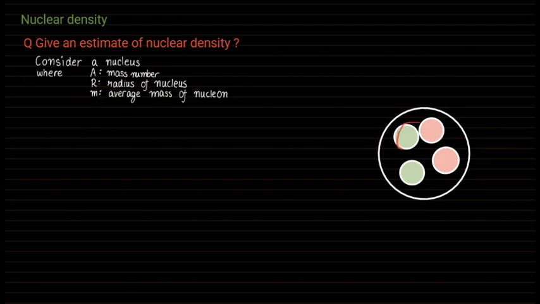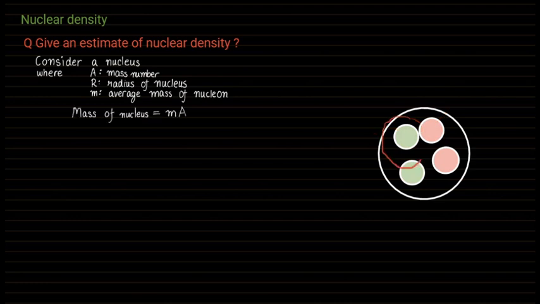If you have nucleons, then each nucleon will have an individual mass. So assume the nucleon to have a mass small m. Small m is the average mass of the individual nucleon. So this nucleon has mass small m, and this one has a mass small m. It doesn't matter whether it's a proton or a neutron. Clear?